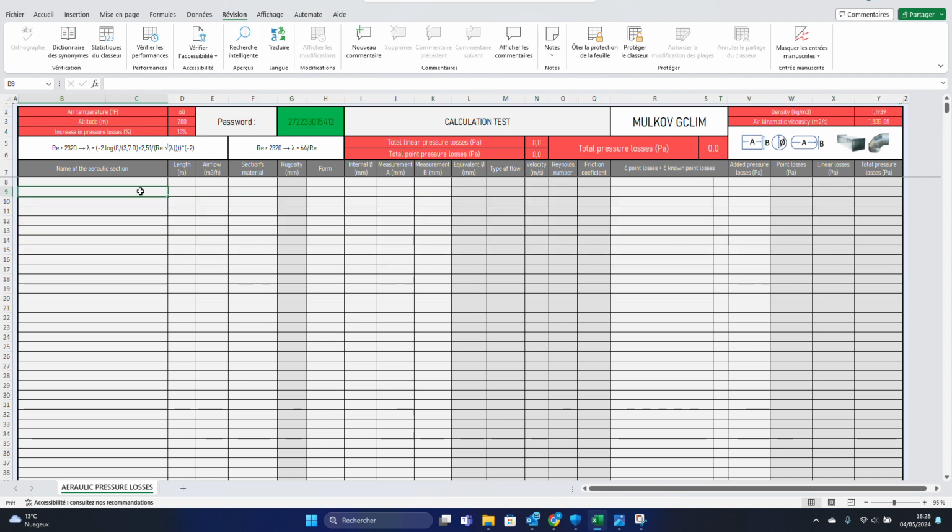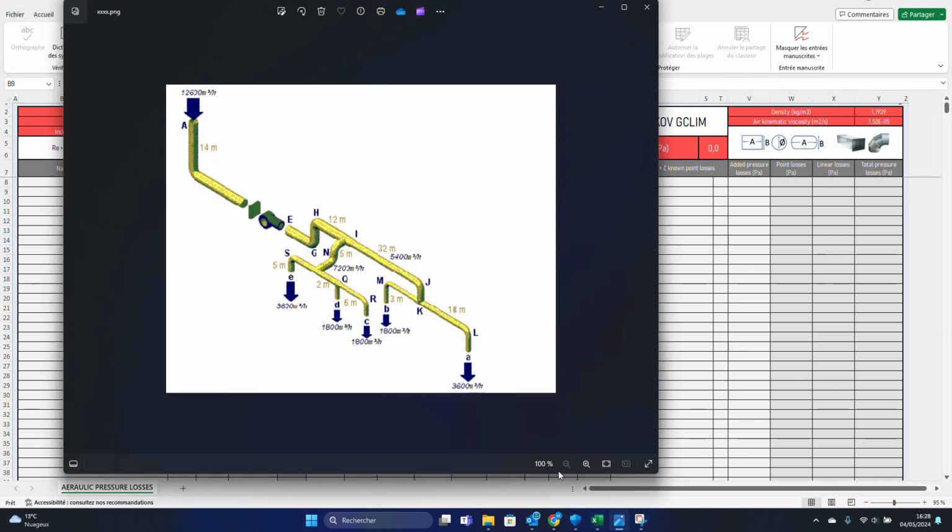So now we are going to calculate the pressure losses of this installation. The first thing to do is to find the worst way for the air. In this case, it's this way because it's the far way.